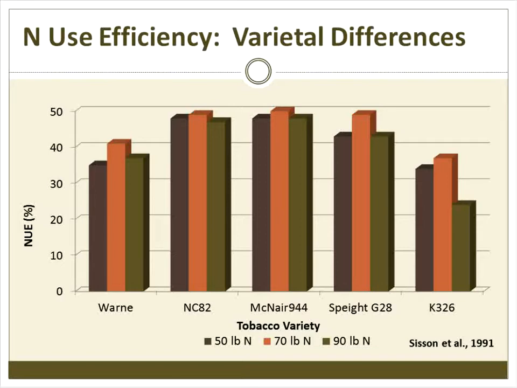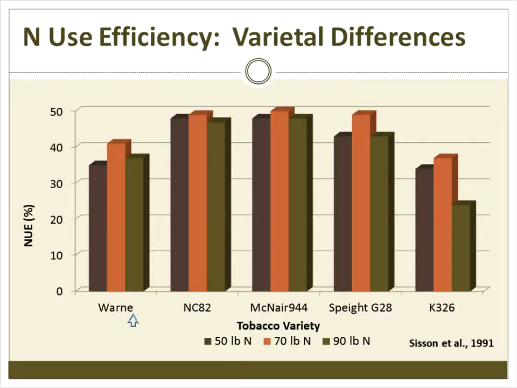The type of variety that you use is really important as far as nitrogen use efficiency. Nitrogen use efficiency varies from crop to crop, but even within the same crop, it can vary. This is a tobacco experiment that was done in 1991. 50 pounds of nitrogen were applied to each particular tobacco variety. 70 pounds of nitrogen was applied, and 190 pounds of nitrogen was applied.